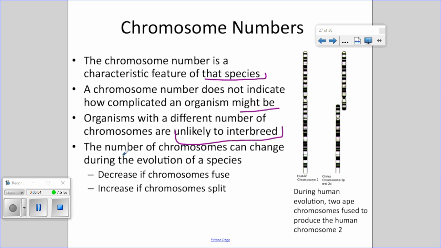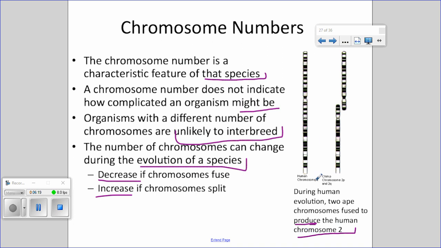The number of chromosomes can change during the evolution of a species. If chromosomes fuse together, the overall chromosome number will decrease. If chromosomes split, the chromosome number will increase. During human evolution, it's thought that two ape chromosomes fused together to produce human chromosome 2.